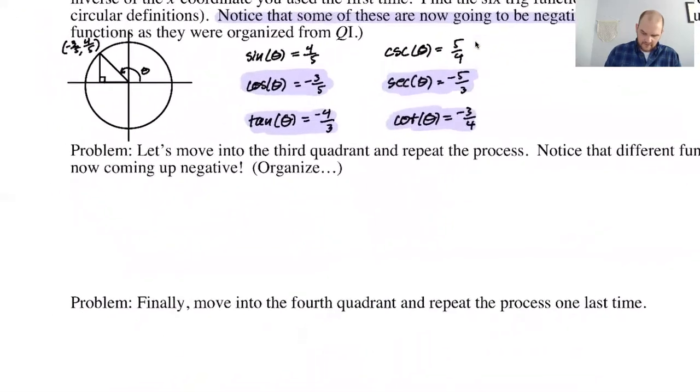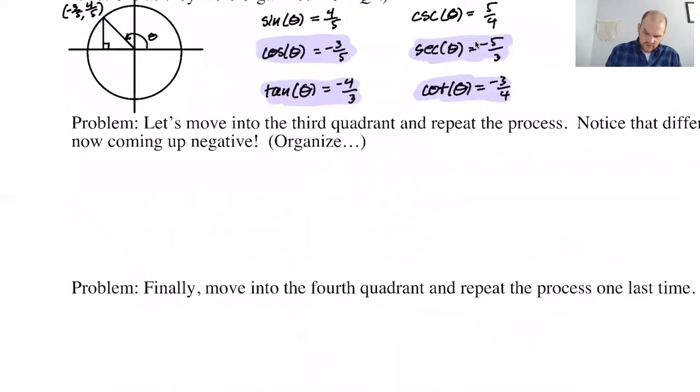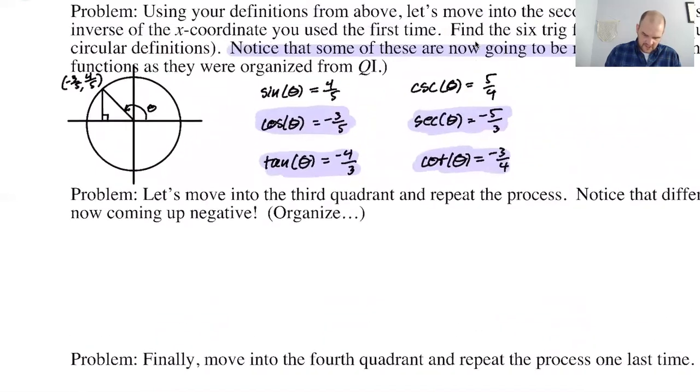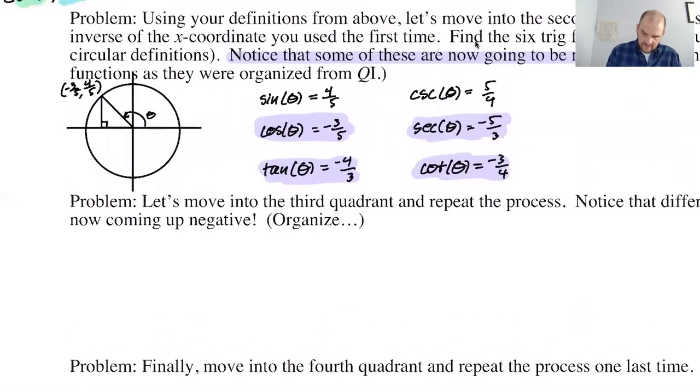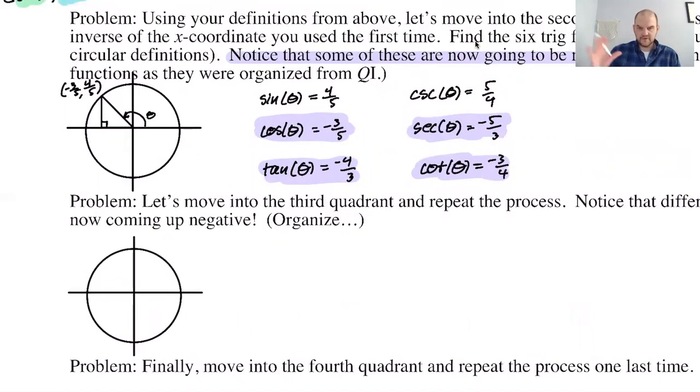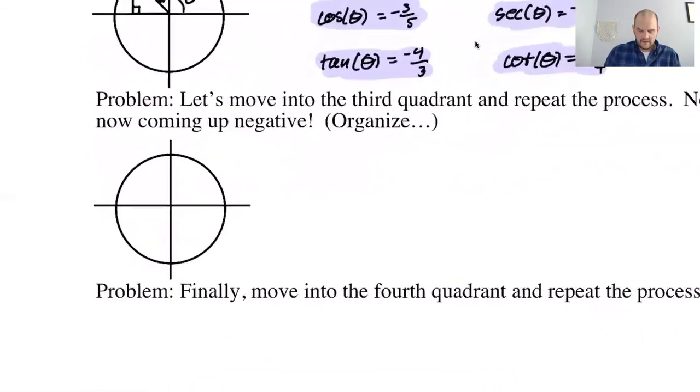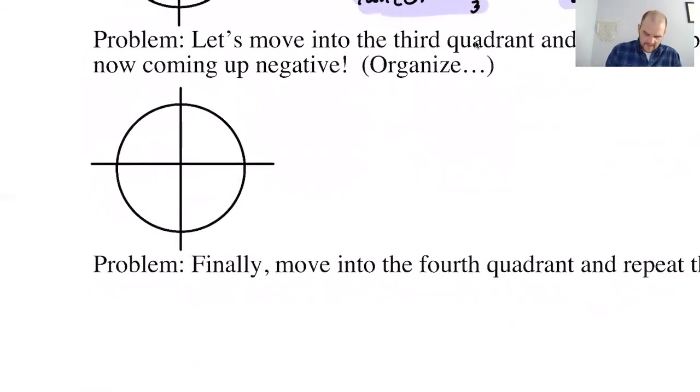All right, let's see. Now we're supposed to go to the third quadrant, so let's try to do that. Can I just copy this? I think I can. I just want to copy my circle instead of going through that again. Duplicate and move. Okay, so I think we're good to go. So in the third quadrant, I'm going to need a triangle. Remember, the hypotenuse is always just the radius of the circle.